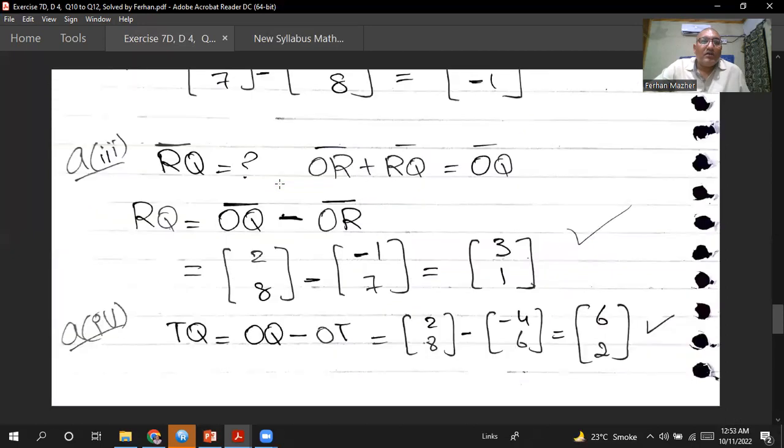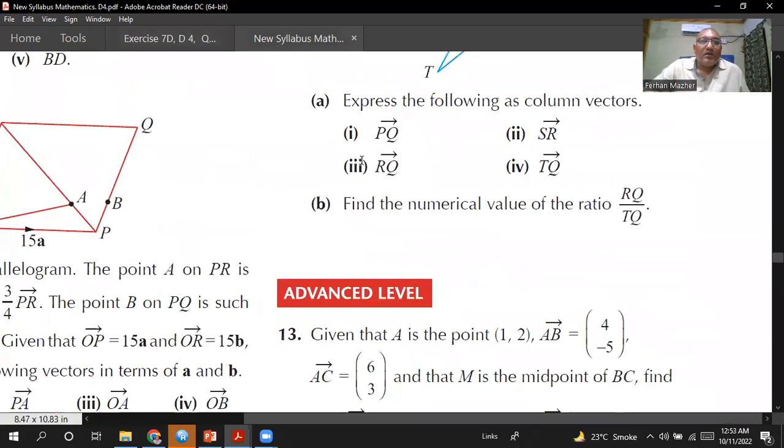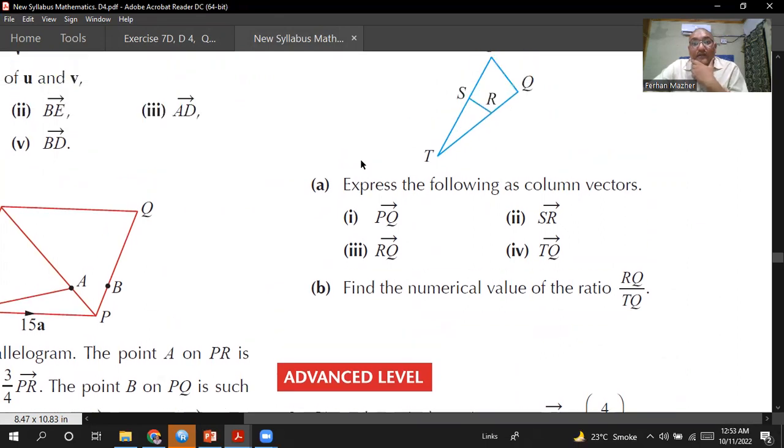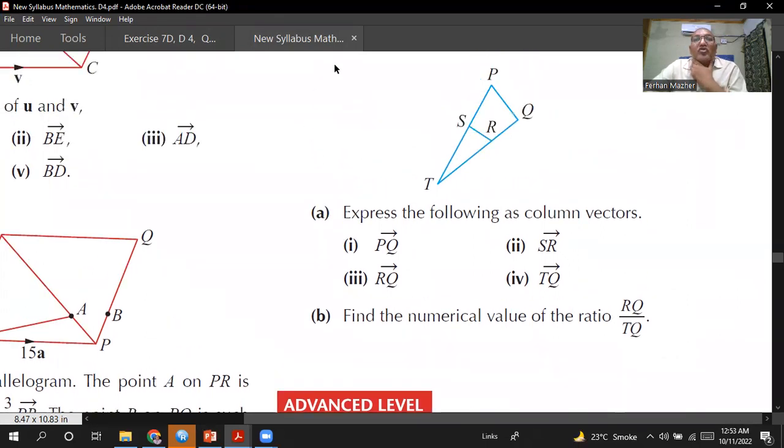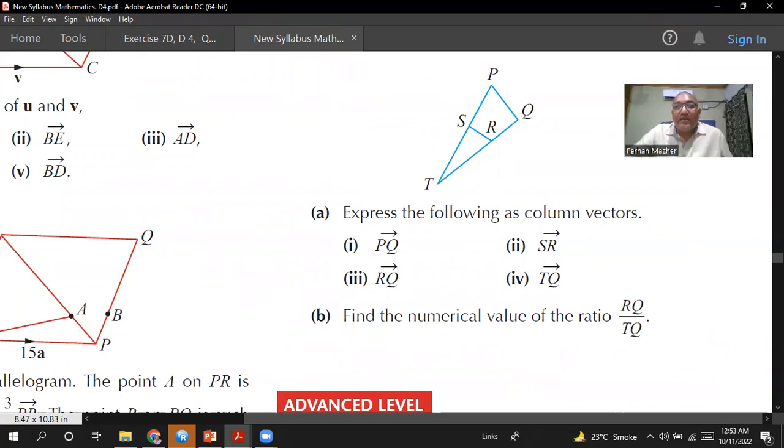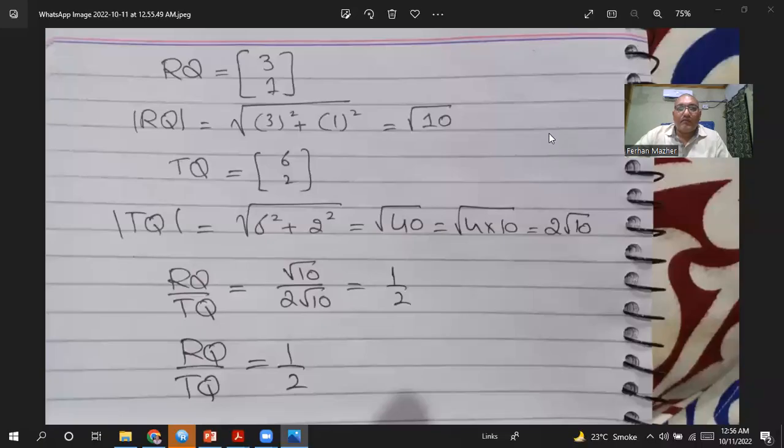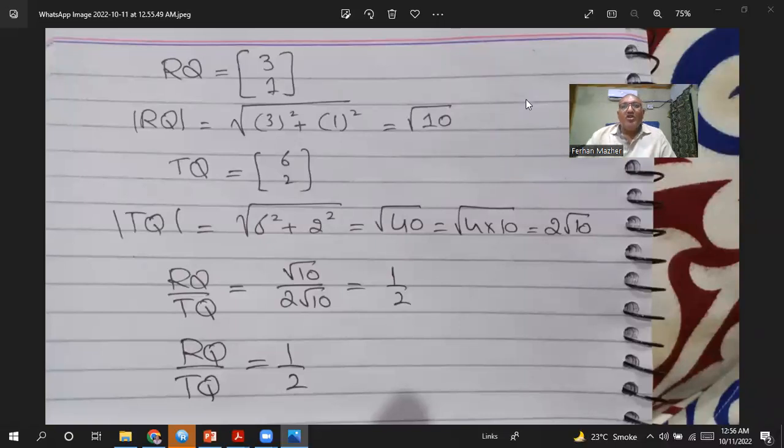So you will find the numerical value of the RQ, and the TQ, and you can find the ratio between them.